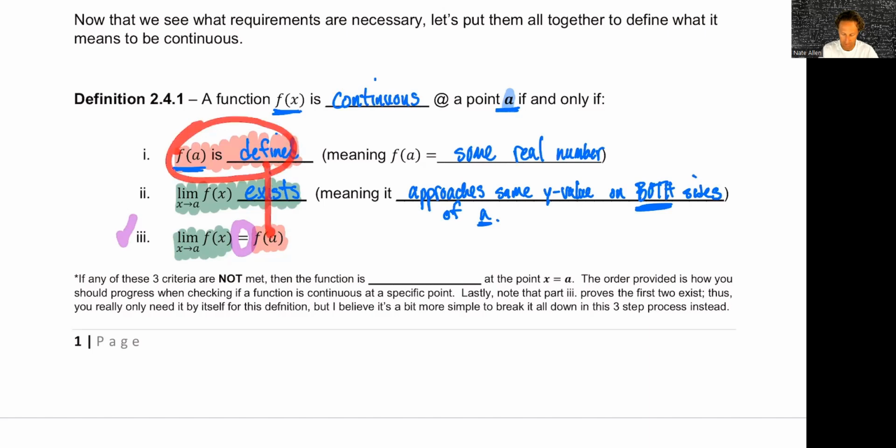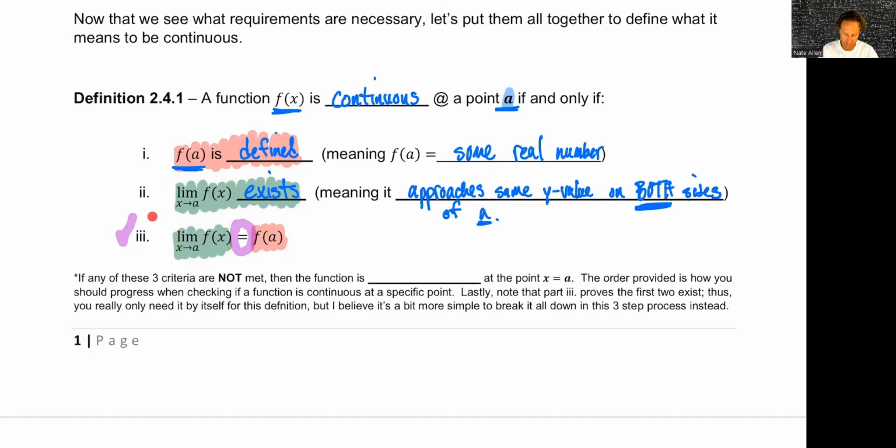If this value, we usually called it L, is equivalent to this value, which again could be some other like M, then if M is equal to L, then it is continuous at that point, because when we directly substituted in that value and got some number out, as we approached from both sides of that value, it also approached some number, and they happen to be the same.